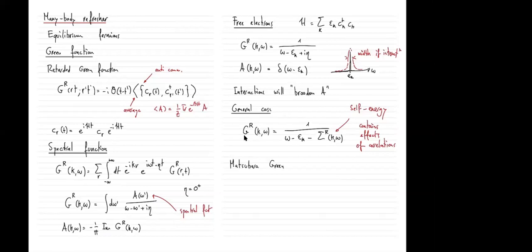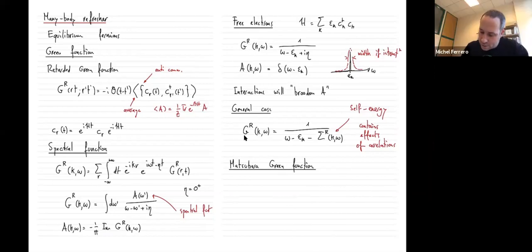Green function. Yeah, there is a question. Is the spectral function somehow related to the lifetime of the quasi-particles? It is. So it's the width of that. If you look at your spectral function and you look at the width here, so if that width is a gamma, the lifetime, if you want, goes like 1 over gamma.